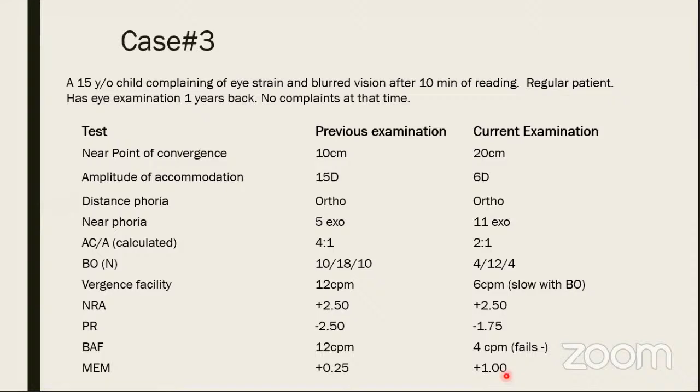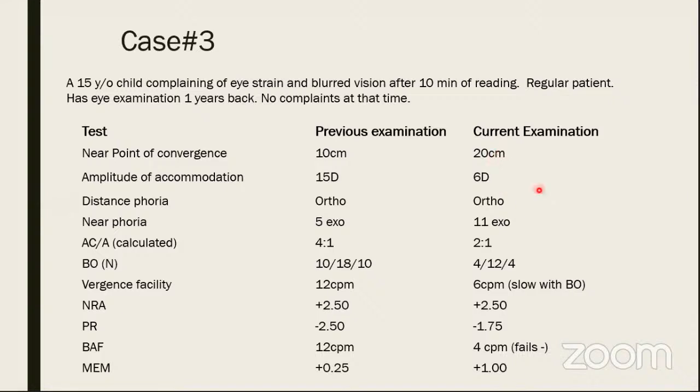Especially if it were a case of convergence insufficiency, the patient would have an increased accommodative response for a given stimulus. So sometimes thinking straight also won't work.